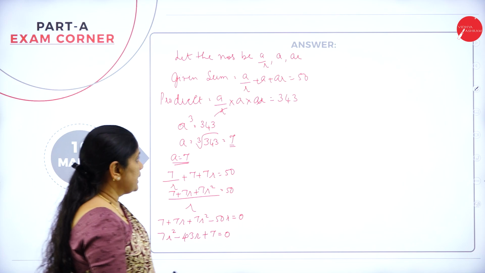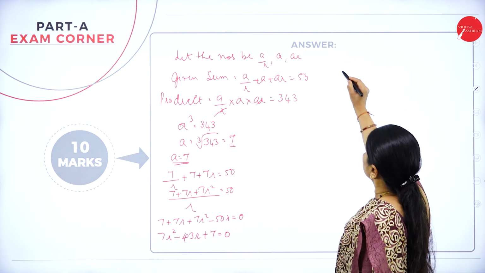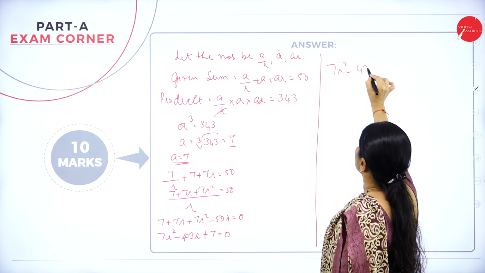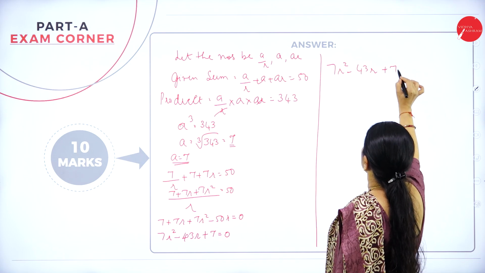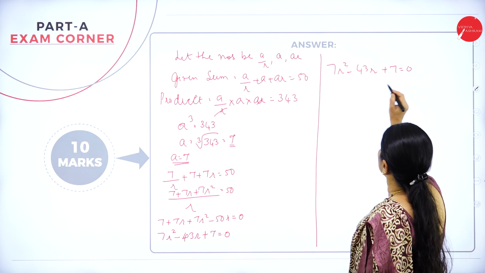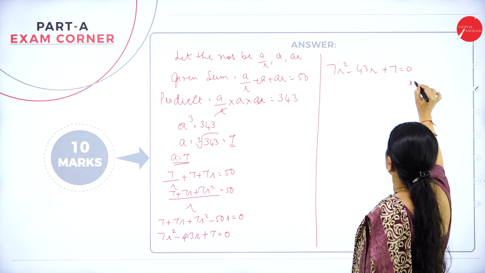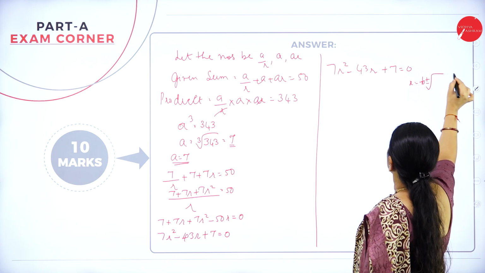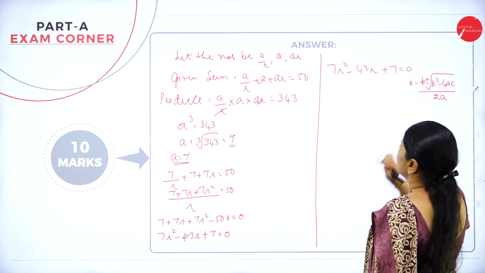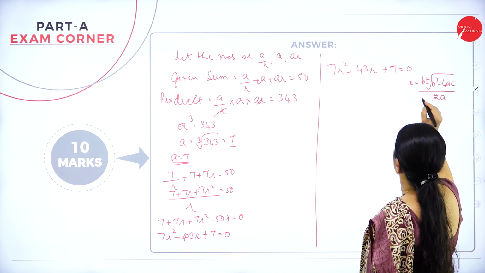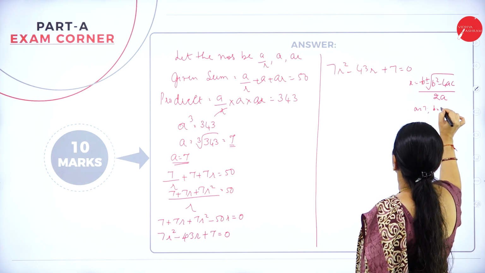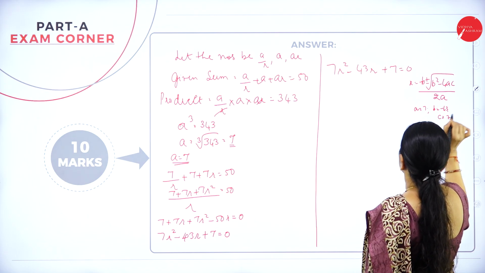So, we are getting a quadratic equation here. 7R square minus 43R plus 7 equals 0. So, this we have to make use of the formula x equals minus b plus or minus root of b square minus 4ac divided by 2a. Now, what is a here? A equals 7. Then b equals minus 43, c also equals 7.